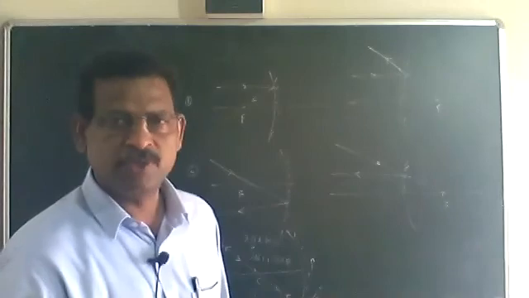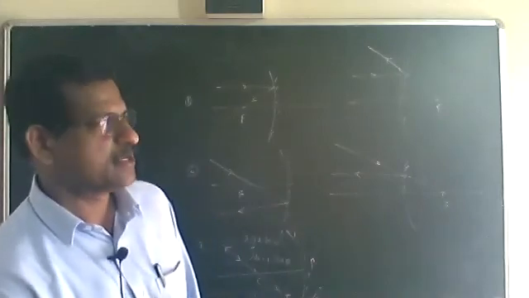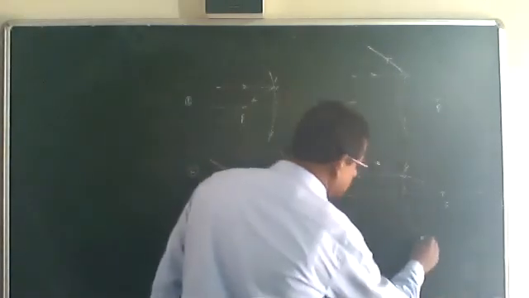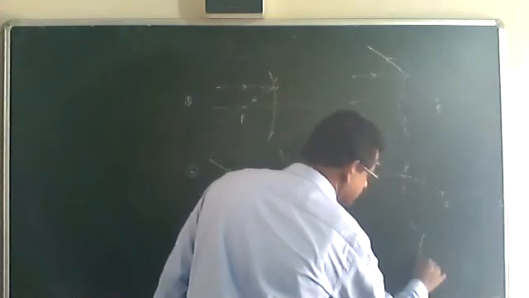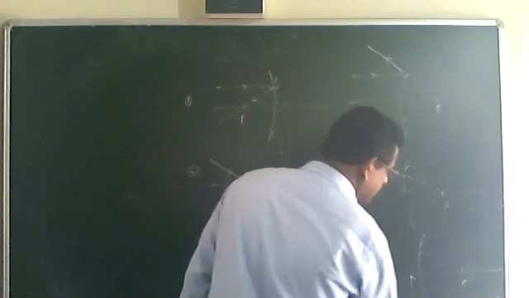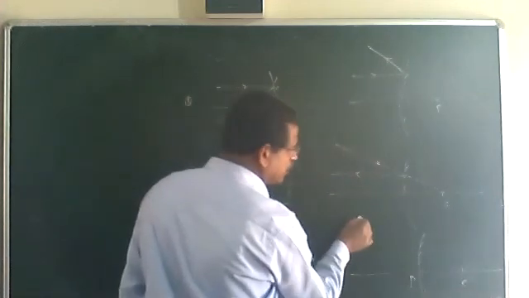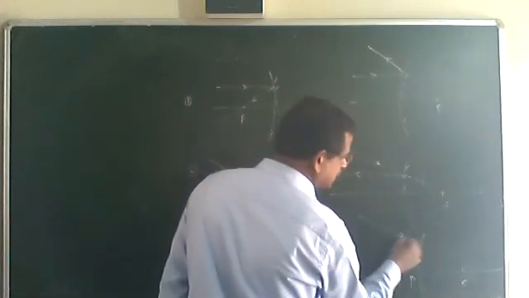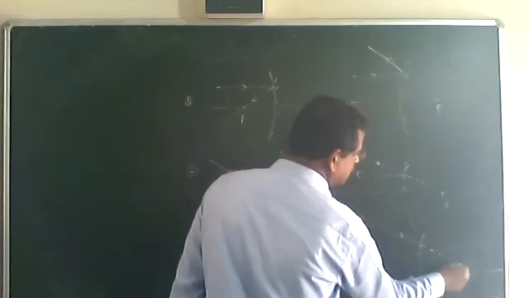The same diagram you can use for convex mirror. This is P, this is the center C. If you draw a ray of light and extend it, it may touch the center of curvature.